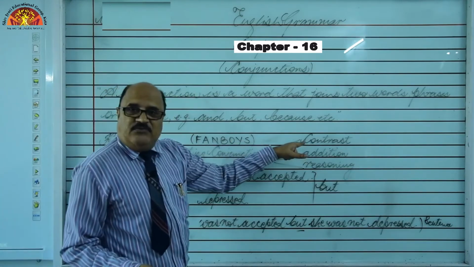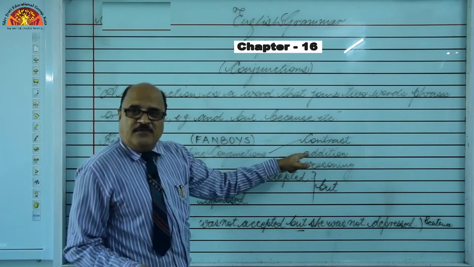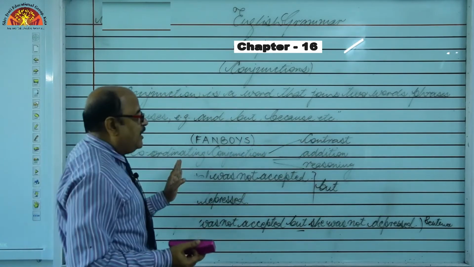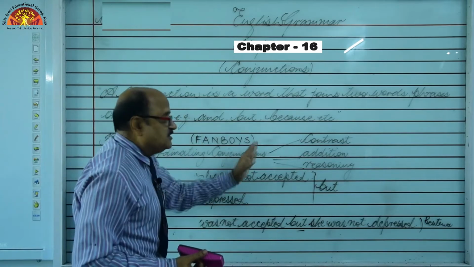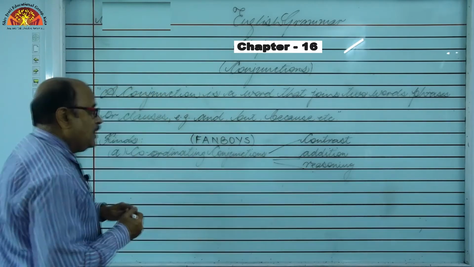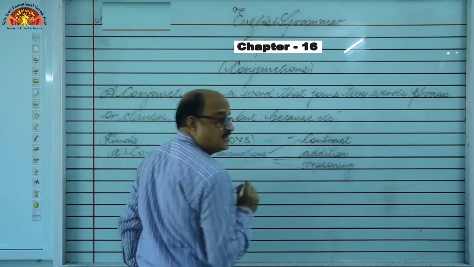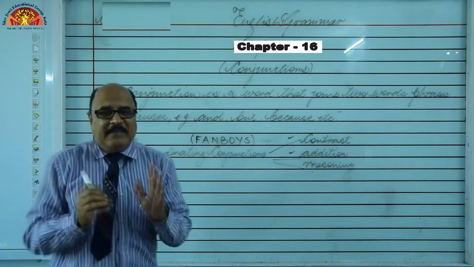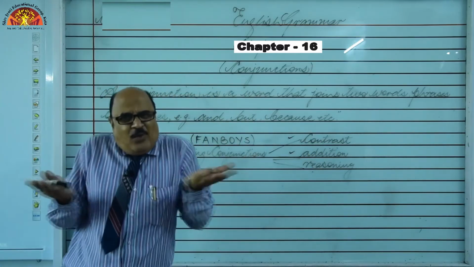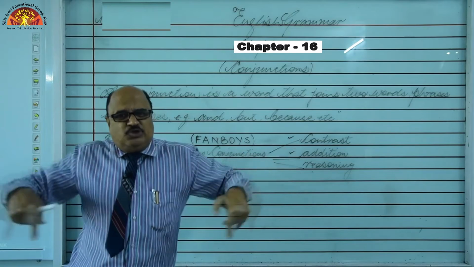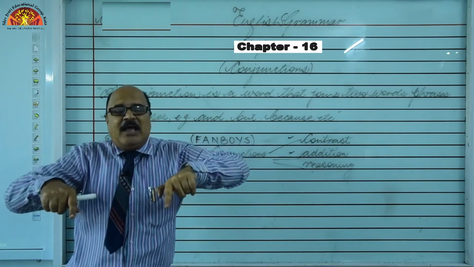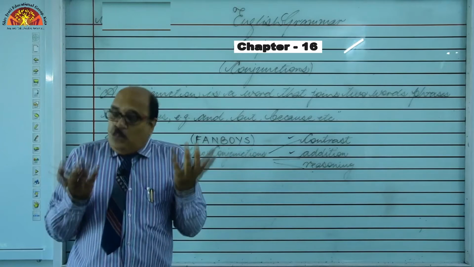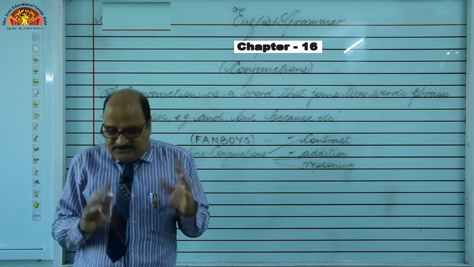This contrast we have done. Now is the turn of addition. Now we are going to learn coordinating conjunctions in addition. Means two equal weightage sentences are joined into one sentence, and these two different sentences of same weightage are known as clauses.